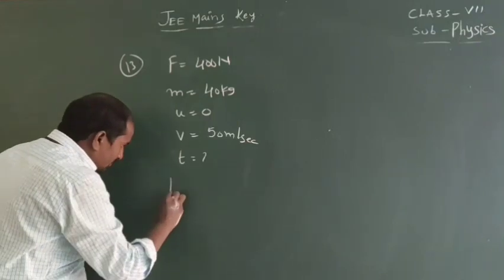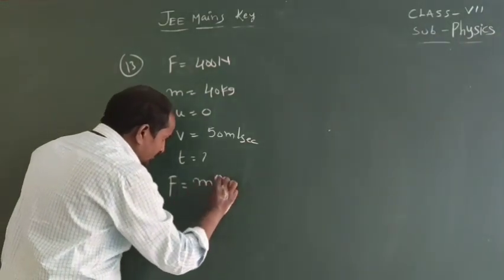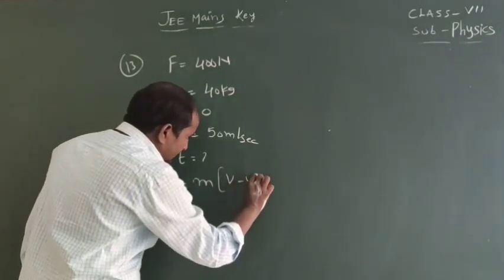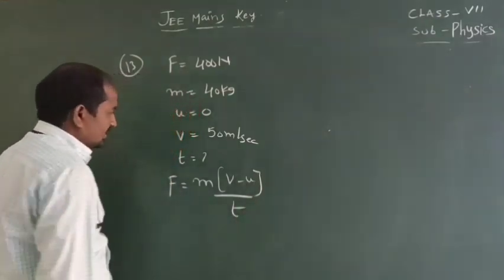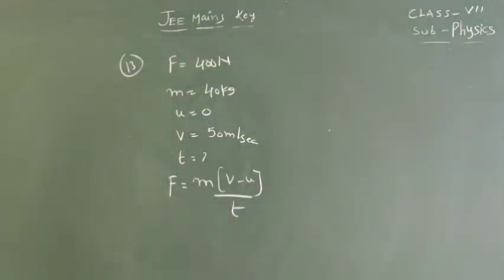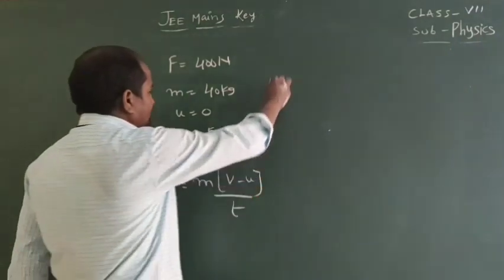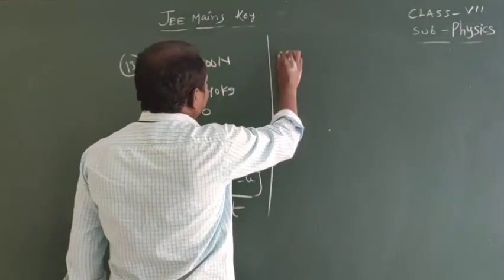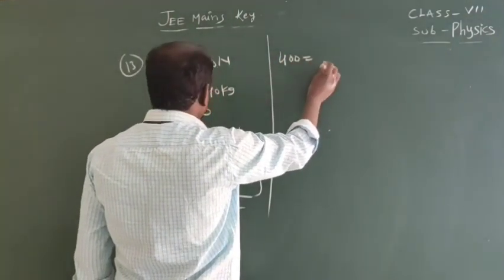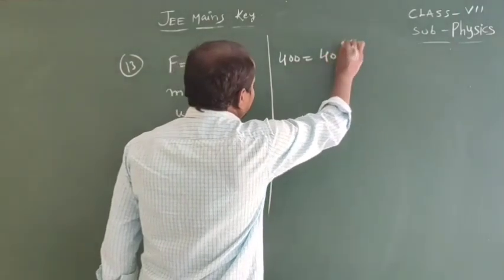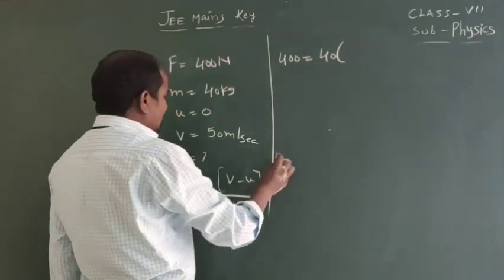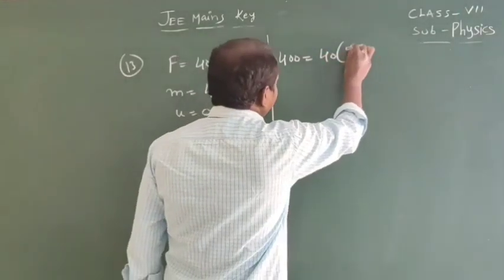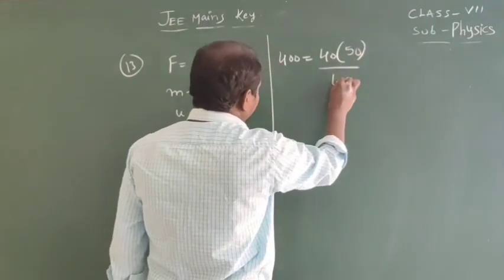So force equals m into (v minus u) by t. Force 400 newtons equals 40 into (v minus u, where u is 0), and v is given, that is 50, by t.